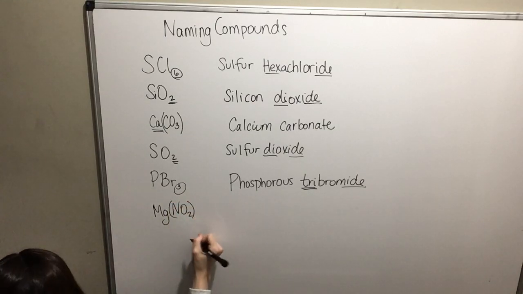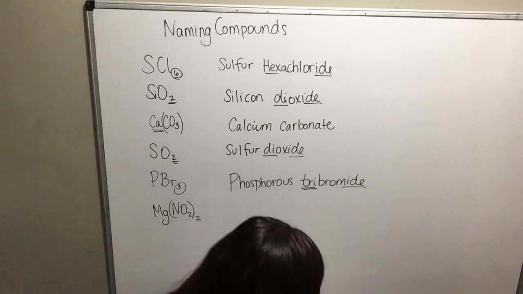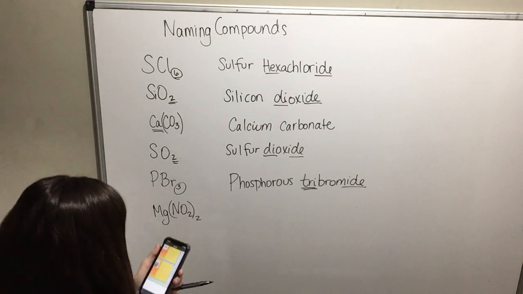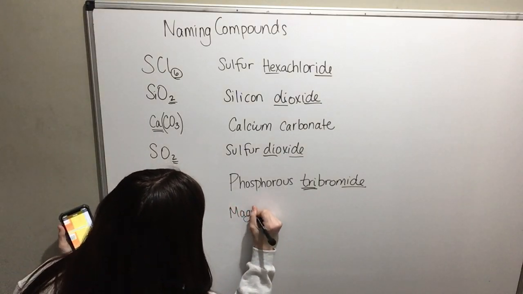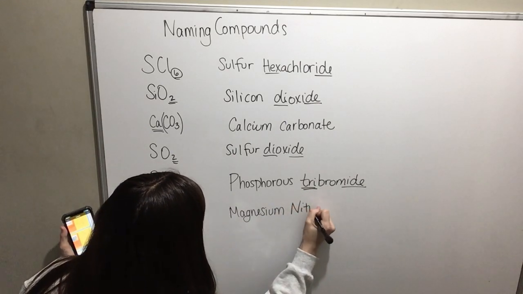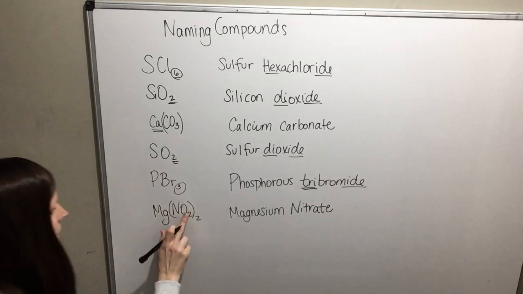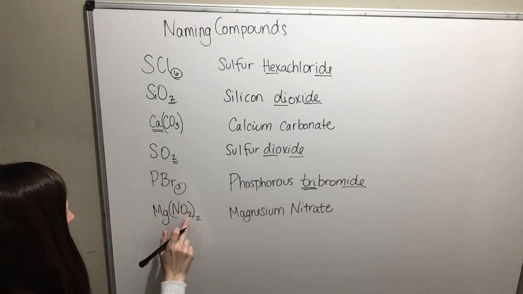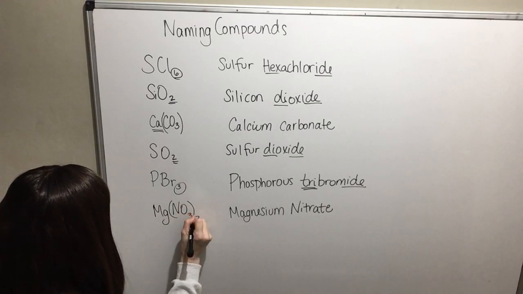MgNO2 2. Okay, so now this one might have been a mistake. You might have had to look this one up, but this should be magnesium nitrate. And I think, if I remember correctly, nitrate is NO3.